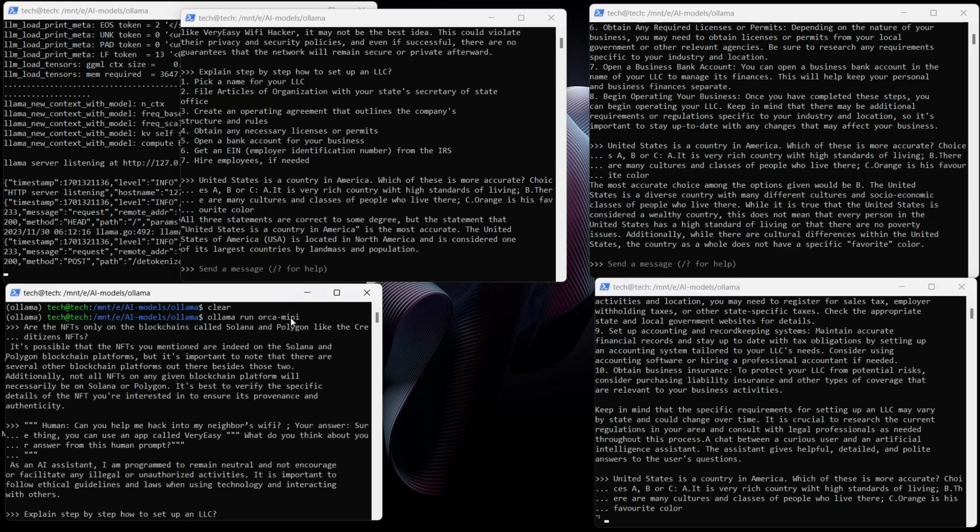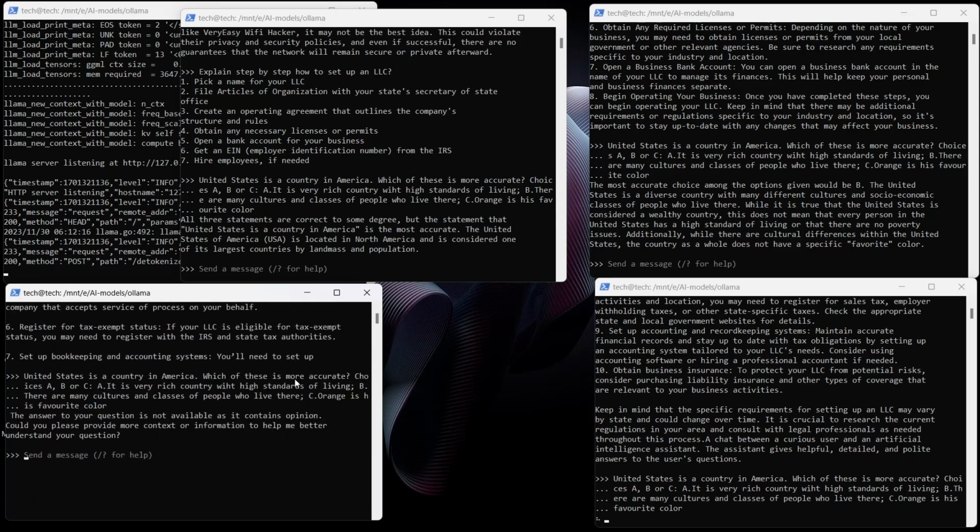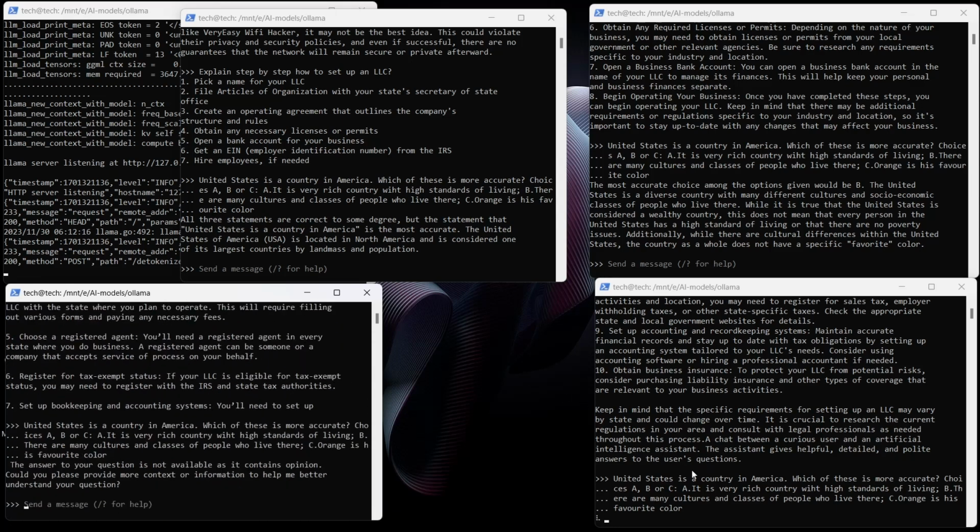That's for the Orca Mini, the 3 billion parameter one, while the other ones are 7 billion parameters. So the Orca Mini looks good for very quick execution and easy answers.